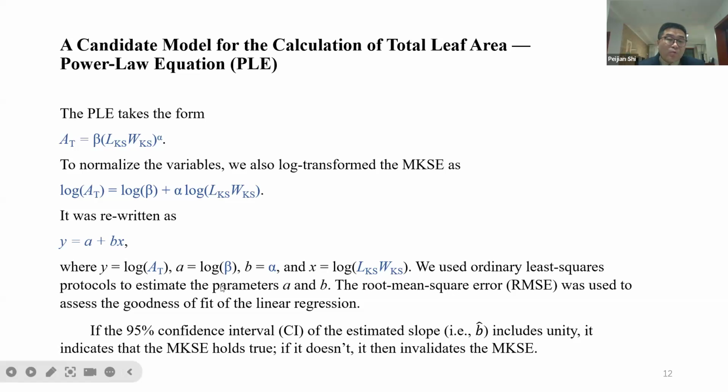If it includes 1, it validates the Montgomery-Koyama-Smith equation. If it doesn't include 1, it invalidates the MKSE, or at least tells us that the power law equation is slightly better than the MKSE.